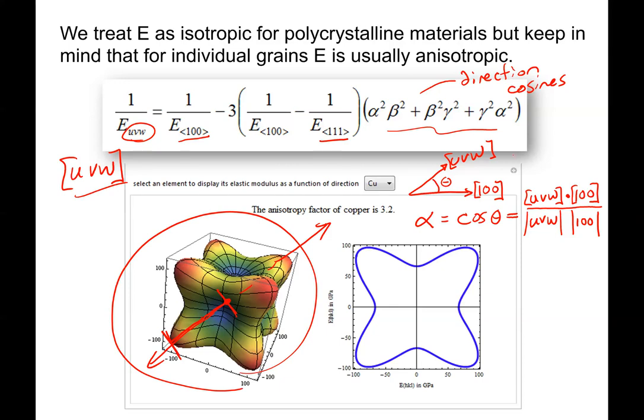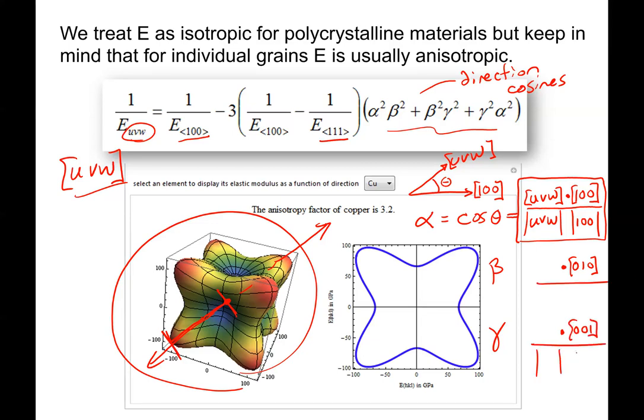So if we're finding the alpha, beta, gamma, we just need to go ahead and perform this dot product and divide by the magnitude of the UVW. And so hopefully you can guess that the beta then would be the same equation, except that we would end up dotting with the B direction. And the gamma, we would end up dotting with our C direction.